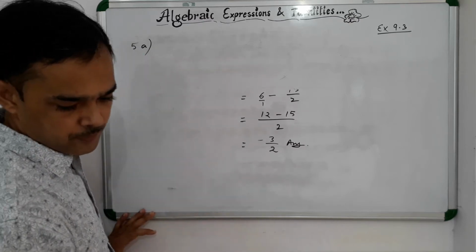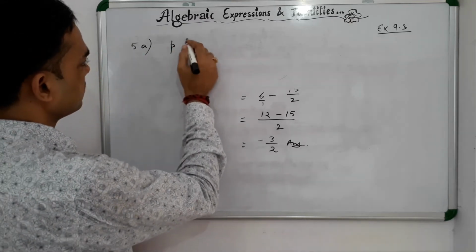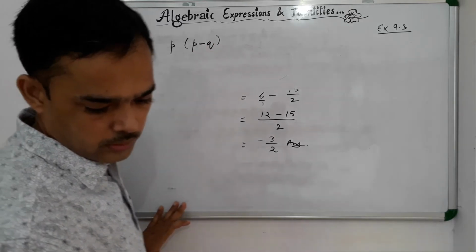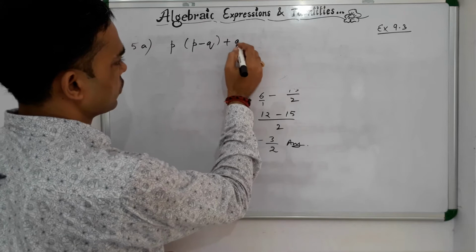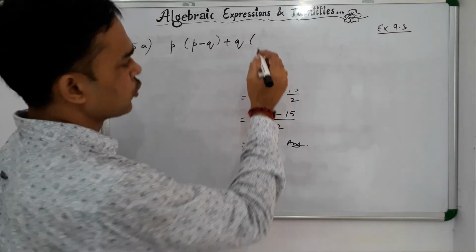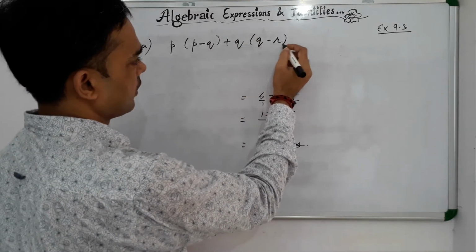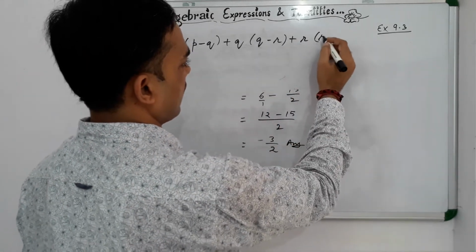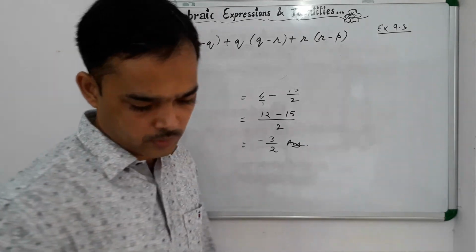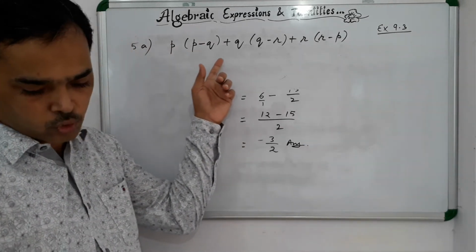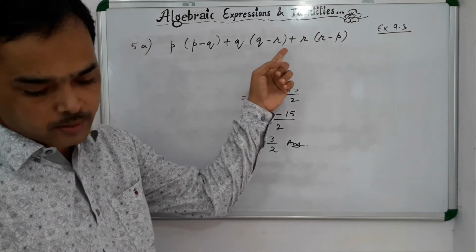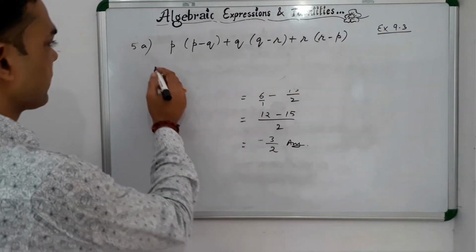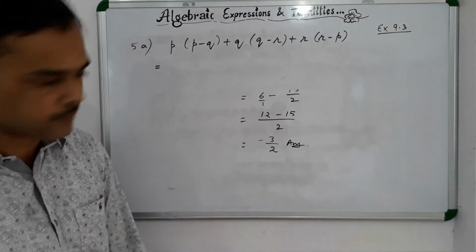The question is P minus Q, then plus Q minus R, plus R minus P. So P minus Q plus Q minus R plus R minus P. Let us multiply them inside the bracket.